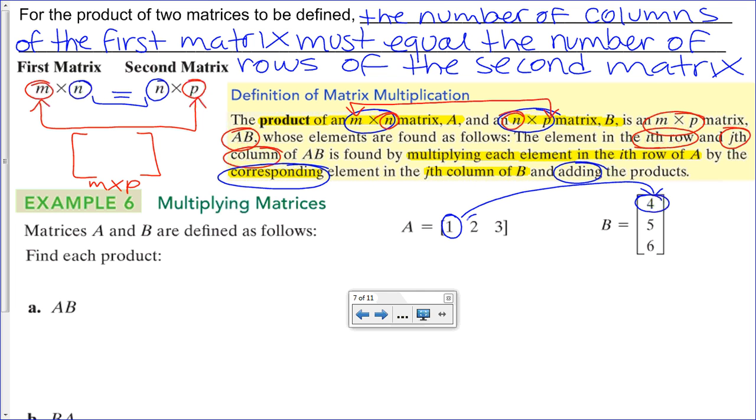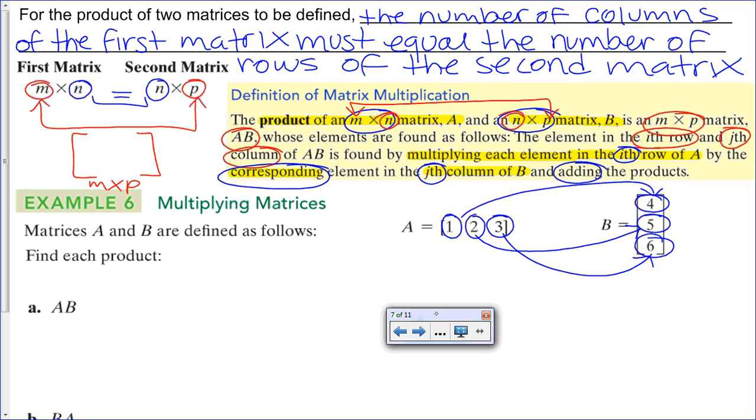Similarly, number 2 is the second element of the row, and they will be multiplied by the second element of the column. And lastly, 3 is the third element of the row, so it will be multiplied by the third element of the column. So that's what it means by corresponding.